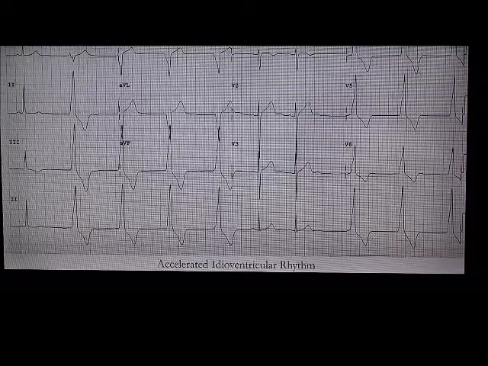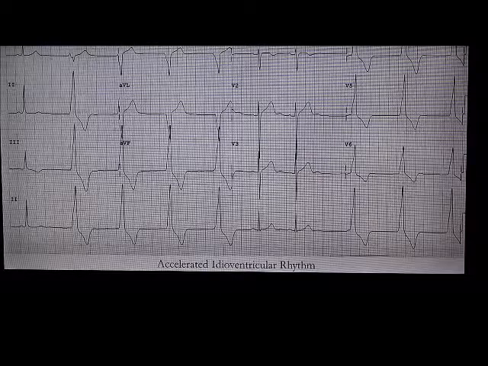If that fails, the junctional beats will take over as a pacemaker. If the AV node fails, the ventricle itself, the myocardium of the ventricle, has its own idioventricular rhythm. But then the patient would be bradycardic. No, not always. So if all the pacemakers of the heart fail, the normal idioventricular rhythm is between 30 to 40 beats per minute.